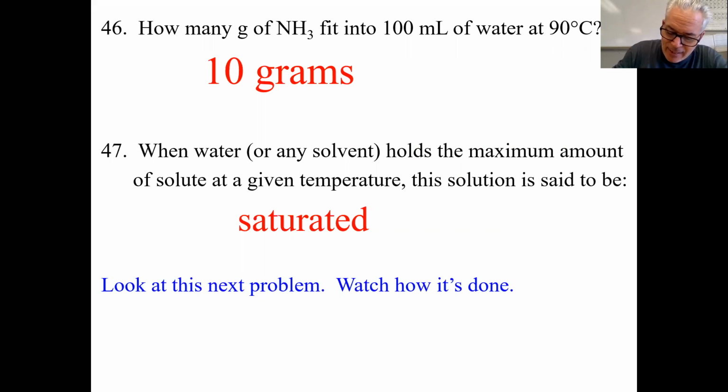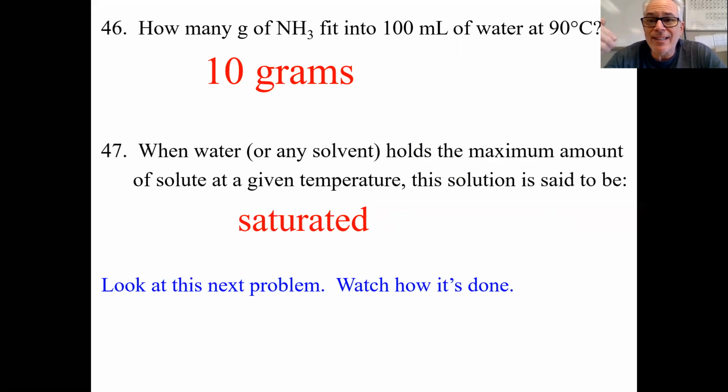If it's at 90 degrees, that means there's going to be 10 grams of NH3 inside. This is the max that will fit. Can you see that? That's the max. That means this solution is fully saturated. If you try to put even a little bit more in, it wouldn't go in. It would fall out of solution.